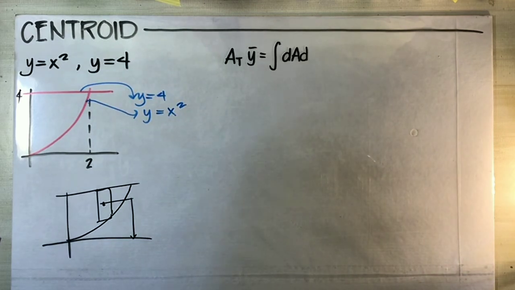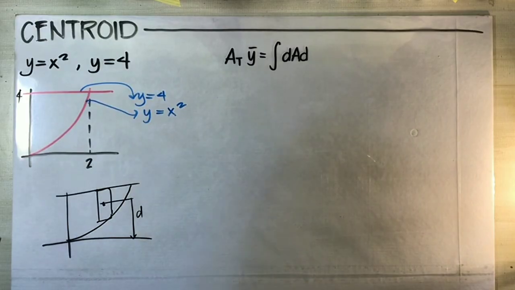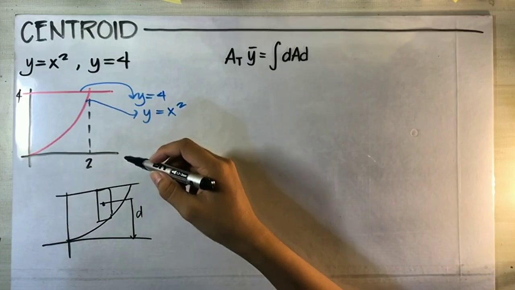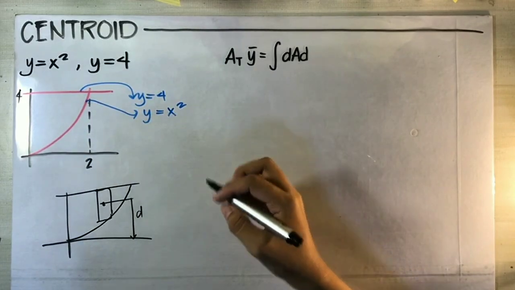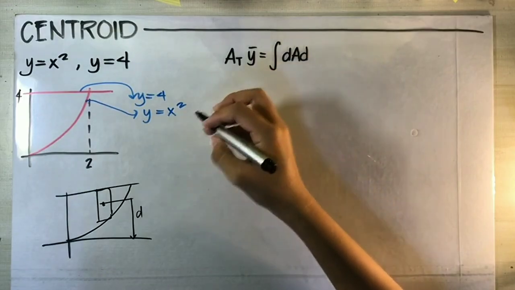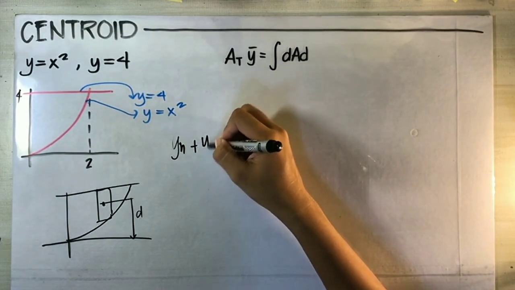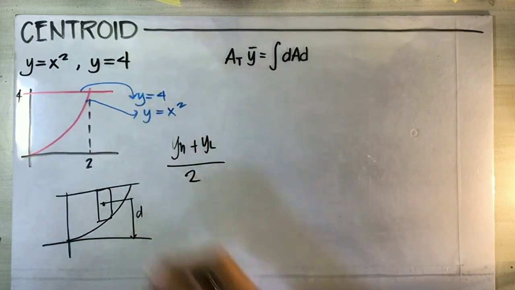So the d here, this is the d. The d is the average of the height of the strip, so if we get the average of the height, we get y high plus y low all over 2. So this is our average of the height.